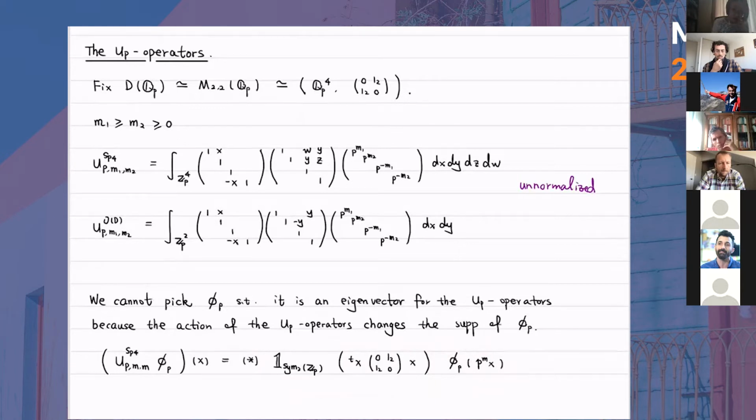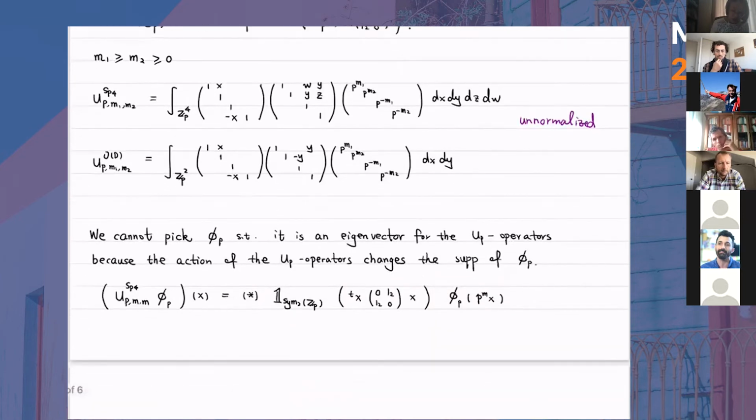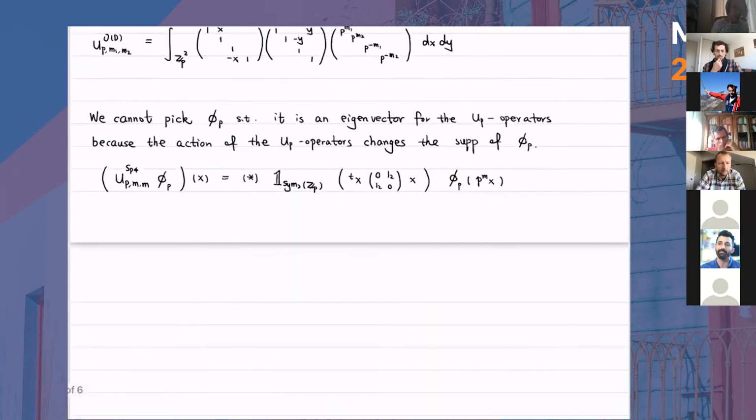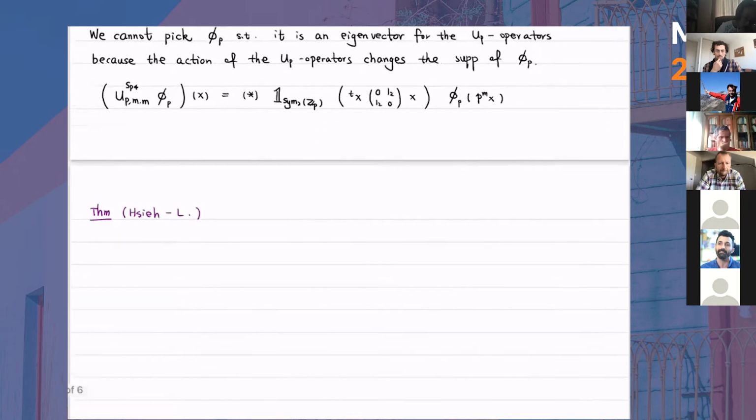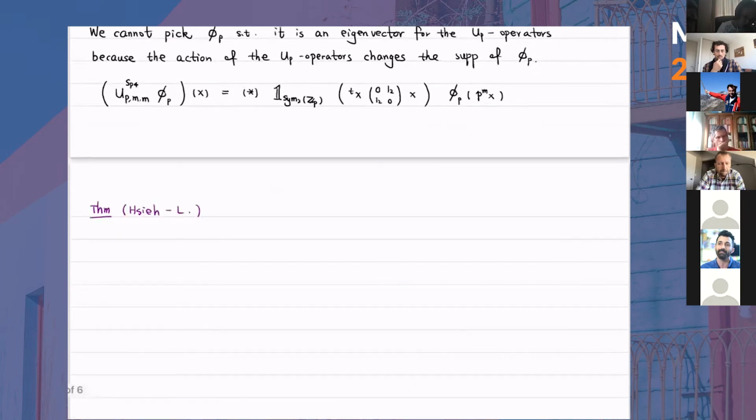So it's probably not possible for us to directly get an eigenvector for the UP operators. So let's see what we get. So the choice we make is this one. So we make this choice.